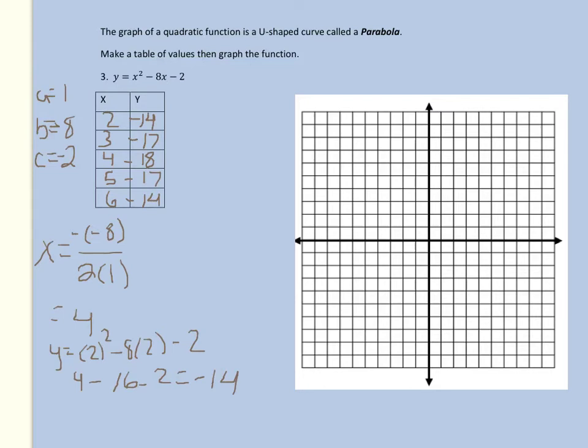So I would go through and I would say this is 4, 8, 10, -4, -8, -10, and then 2, 4, wrong side.